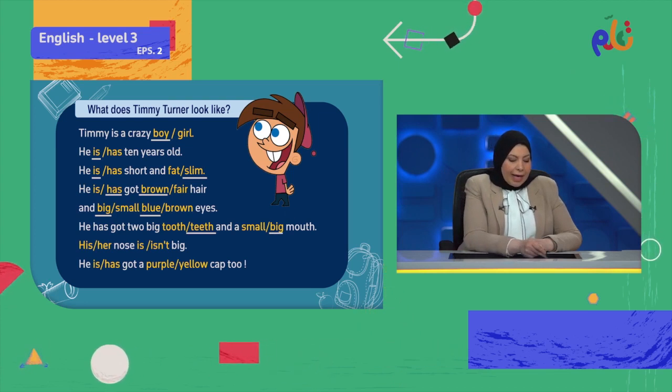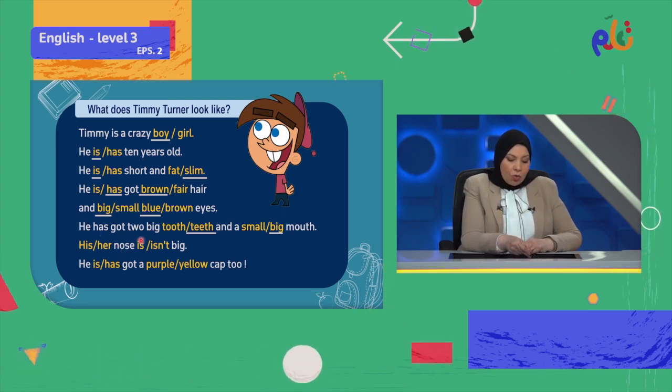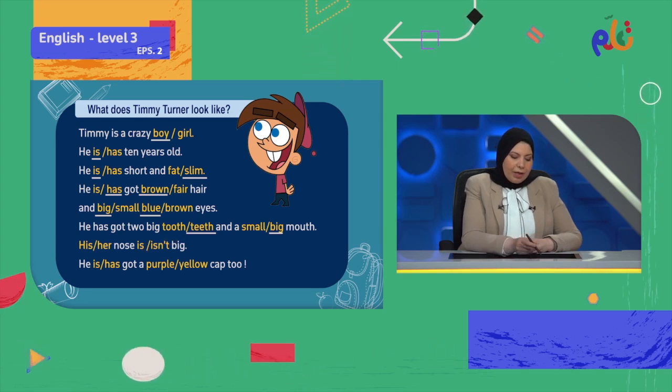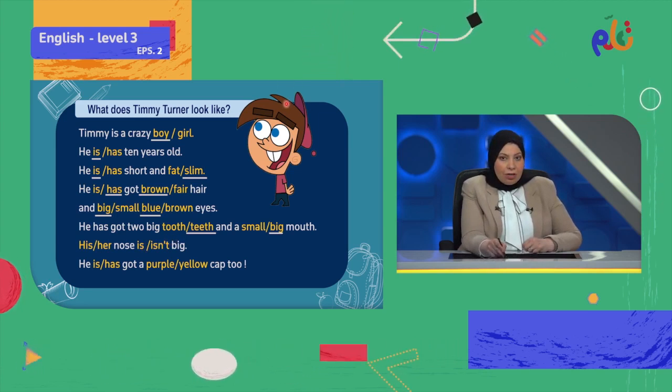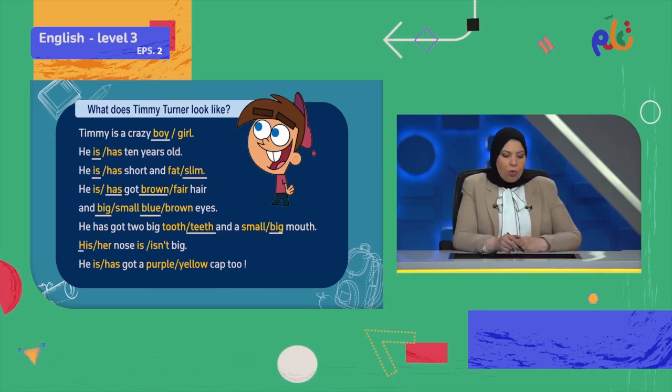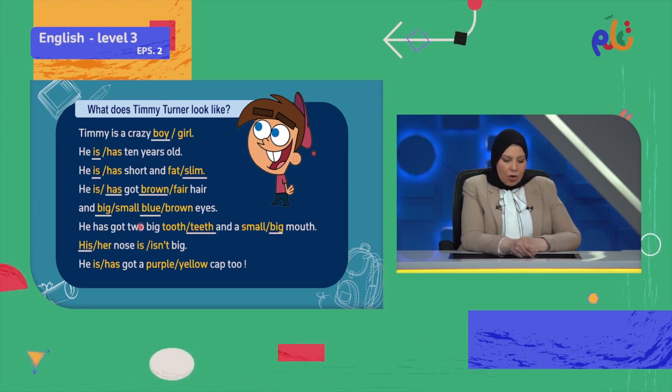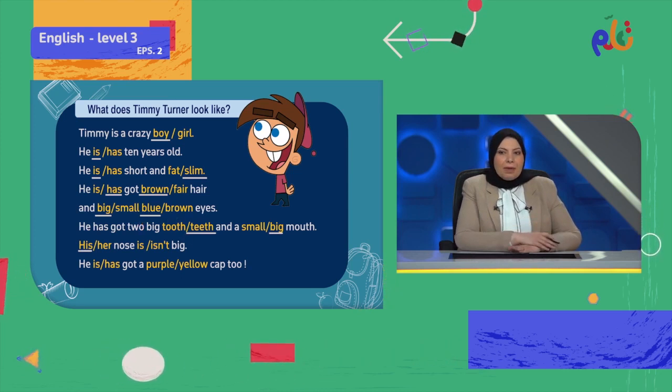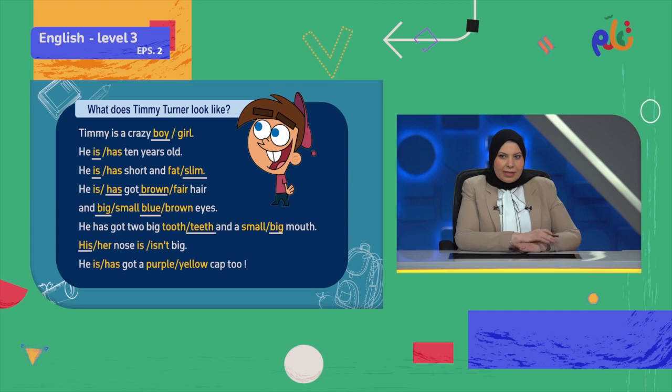Okay, his or her nose is or isn't big. So we're talking about Timmy Turner here, who's a boy. لو فاكرين من قبل كده لما خدنا مع بعض الpossessives، لو الأونر بتاع الحاجة boy, what do we use? We use his. So his nose is or isn't big? His nose is big.